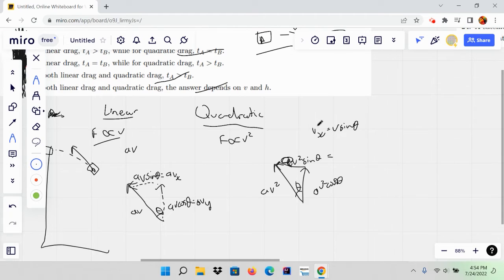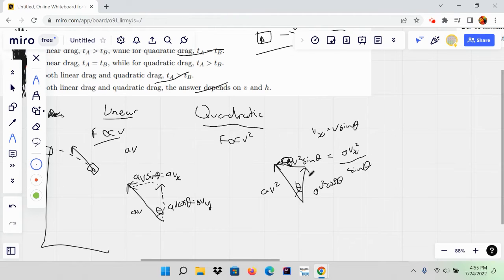So if you square that, you get V squared sine squared theta. So your vertical and horizontal forces are not only dependent on your vertical part, they might also depend on the horizontal part of your velocity. So for your quadratic, the two directions are not independent of each other. They depend on each other because they depend on theta, right? We could rewrite this as Vx squared over sine theta, but it still depends on theta.